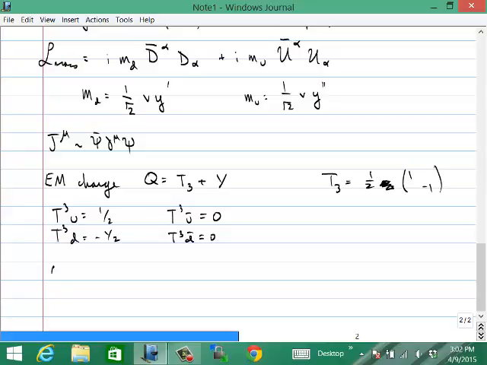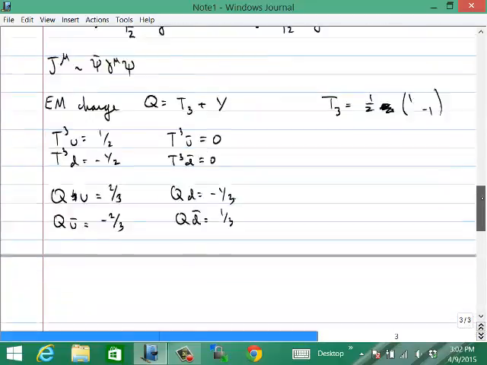And so, including the fact that Q has a hypercharge assignment of 1/6, you see that an up quark has charge 2/3, and an up bar has charge -2/3, and similarly a down quark has charge -1/3, and a down bar has charge 1/3.